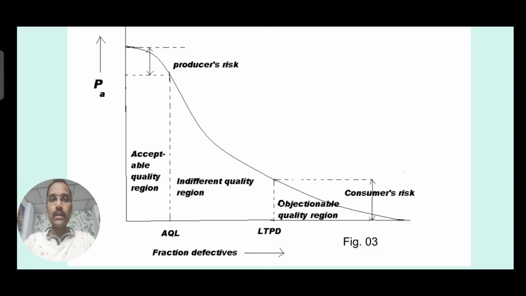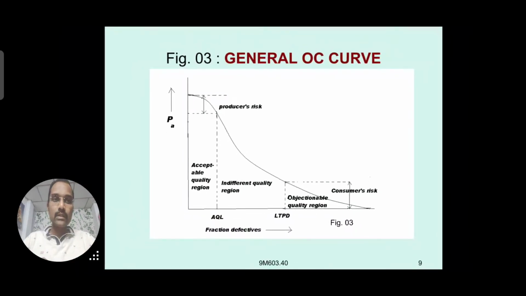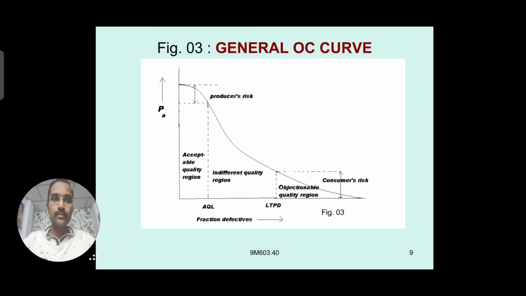And the last region is the objectionable quality region. We will see the importance of these three regions, and additionally we have to check what the producer's risk and the consumer's risk are. These are the three zones used to describe the OC curve, the operating characteristic curve.